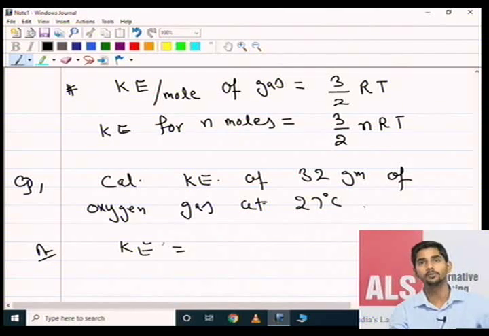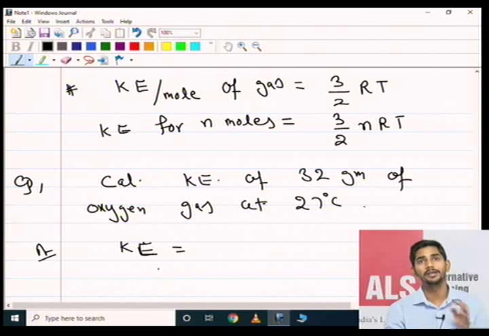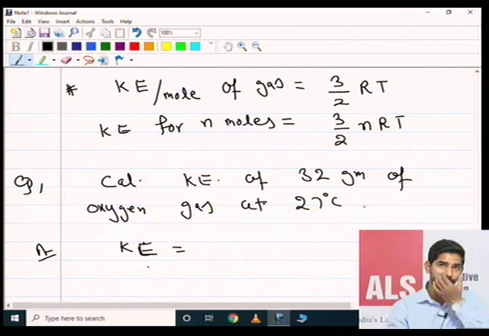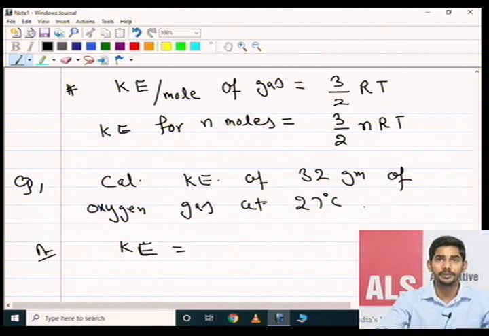Don't use half mv square. That formula won't be used over here, because we don't know anything about the velocity. Here we know the temperature, and the kinetic energy will depend on the temperature. That's why we will use this formula.